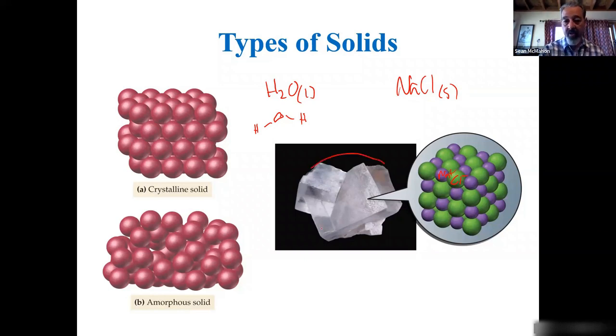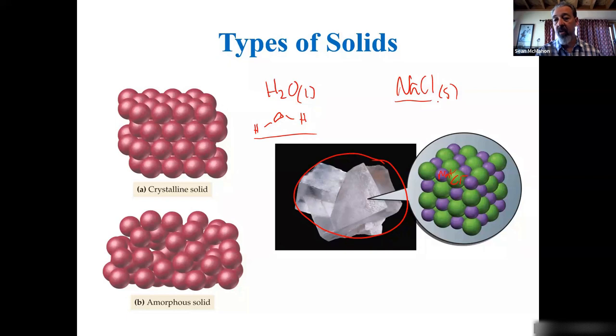This salt crystal really doesn't have molecules. That's because it's ionic, and we'll get into that a little bit later too. It actually has what's referred to as a formula unit ratio. What this is telling me is the ratio of sodium to chloride. Just like in the molecule, there's one oxygen to 2 hydrogen, but there's more than one water molecule in a compound.